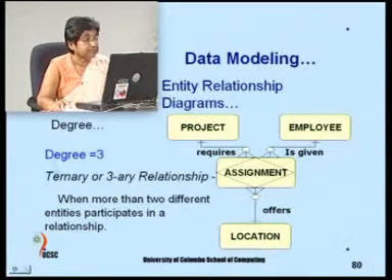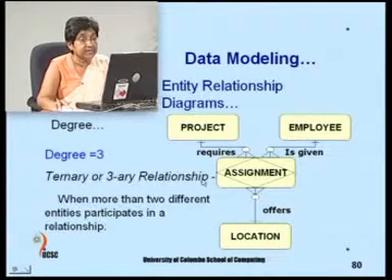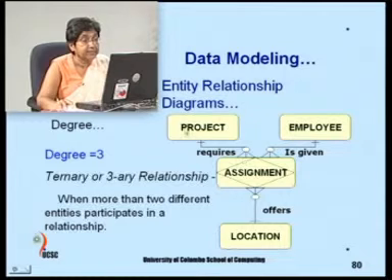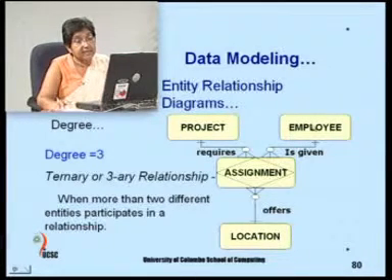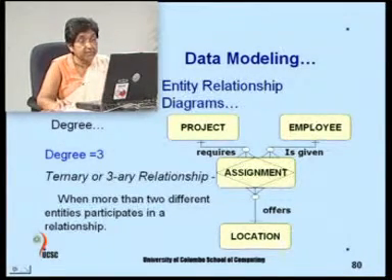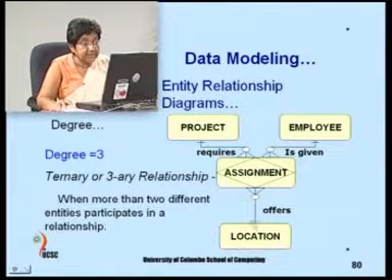Now if you look at this, there is a ternary or triary relationship. There is a project, employee, assignment. So assignment, on one side it has a relationship with the project, on another side it has a relationship with the employee, and on the other side it has a relationship with the location.